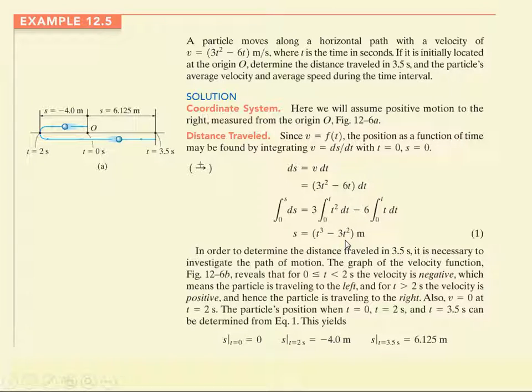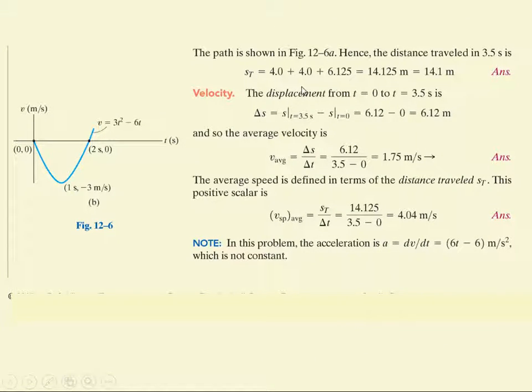So when t is 2 seconds, s is minus 4 meters, and when t is 3.5, s will be 6.125. So the path is shown in this figure 12.6a.